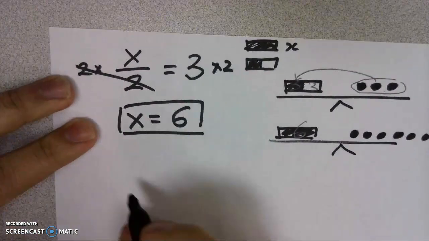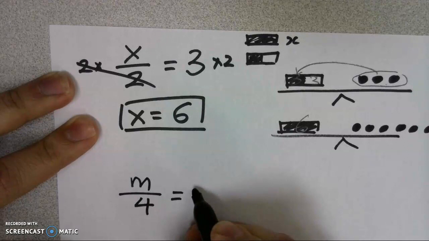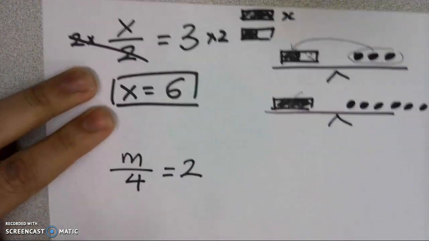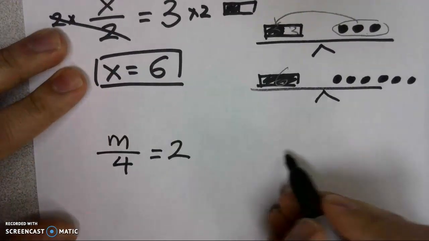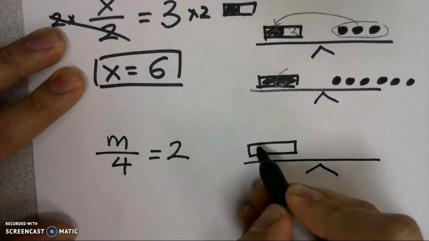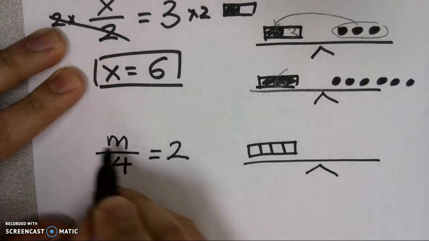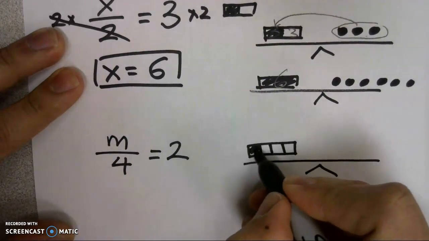Let's do one more. If I say m divided by 4 equals 2, let's say. It's very simple. All you have to do is this. I'm just going to break my m into 4 parts. 1, 2, 3, 4. And how many do I shade? I just shade one part.